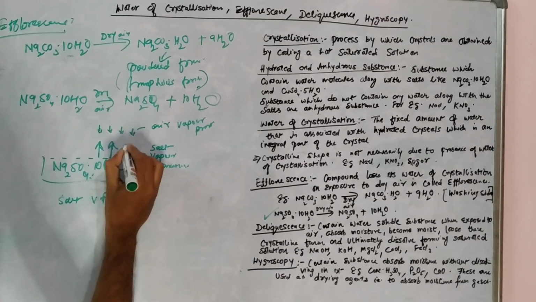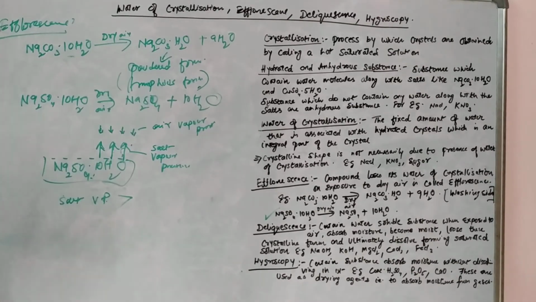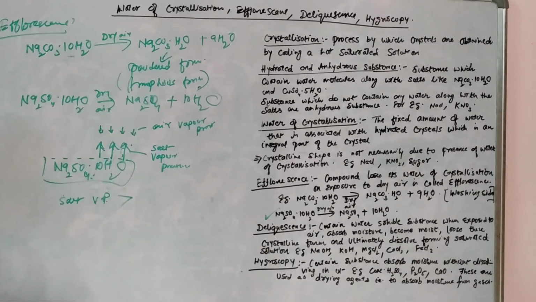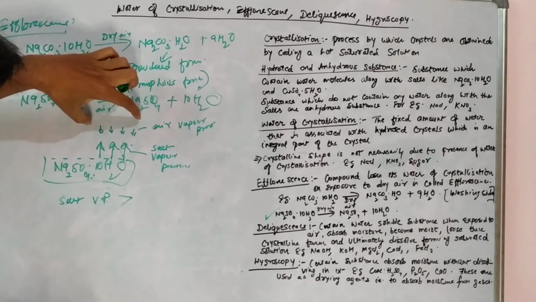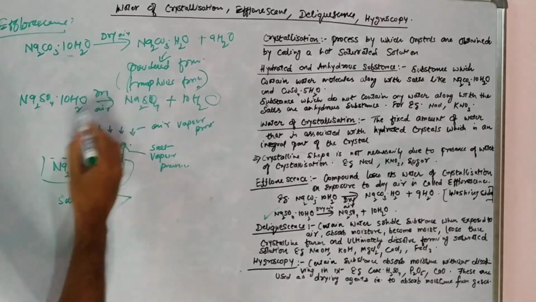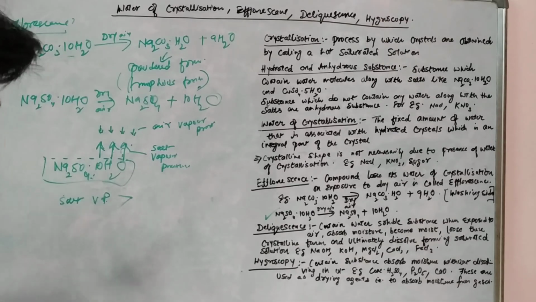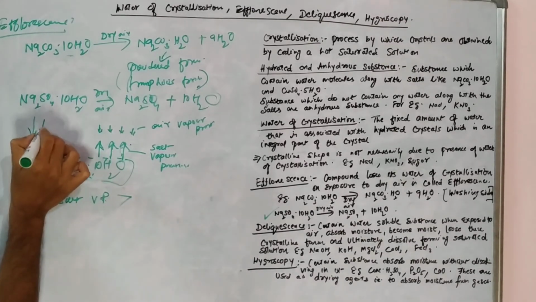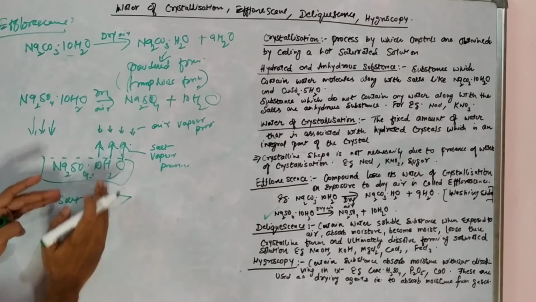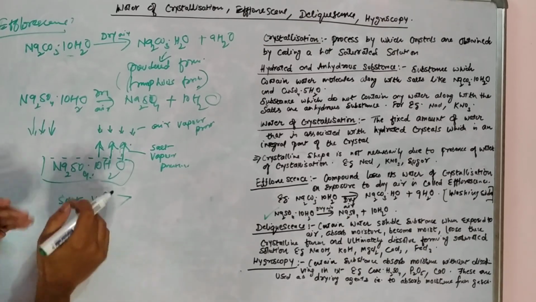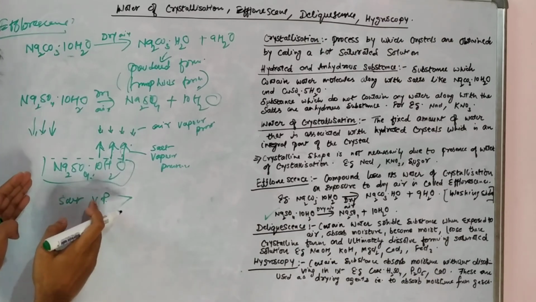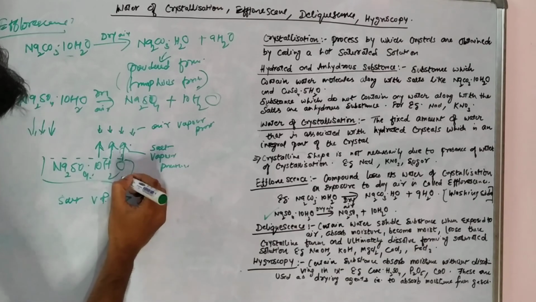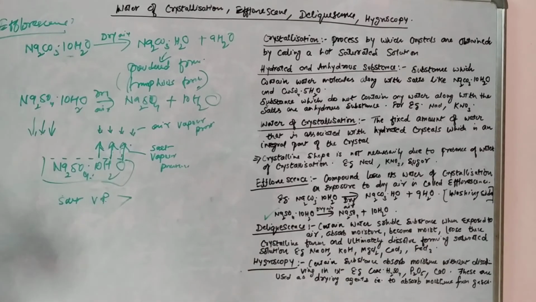When this vapor pressure is more, then only these water molecules will leave this salt, right? Because if suppose the vapor pressure of air is high compared to the salt, it won't let these water molecules get removed from the salt, since it will exert a higher pressure, so it won't lose these associated water molecules.